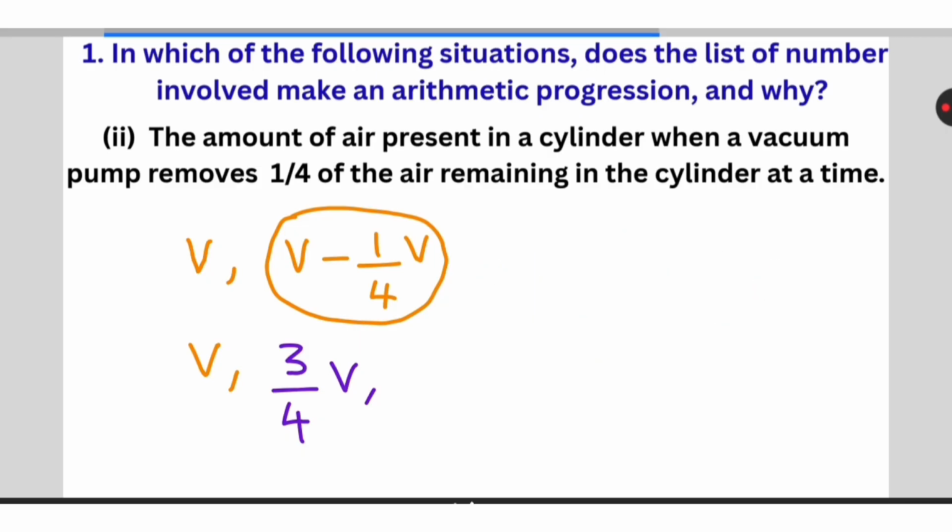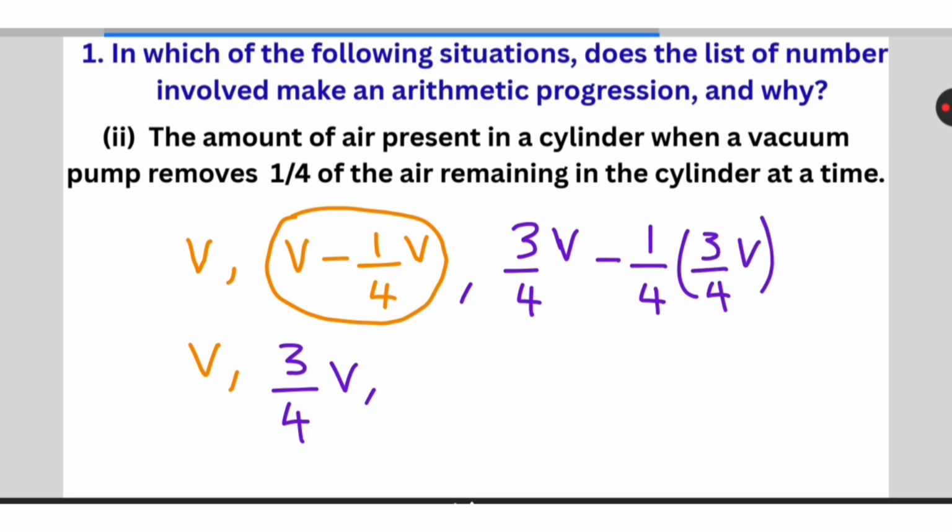So like that, keep on reducing 1/4 of the remaining air. The second time, if you remove 1/4 of the remaining air, we are going to get 3 by 4 V. So that you have to take now. Again, if you are removing 1/4th of the remaining air, the remaining air is 3 by 4 of V. That you have to remove.